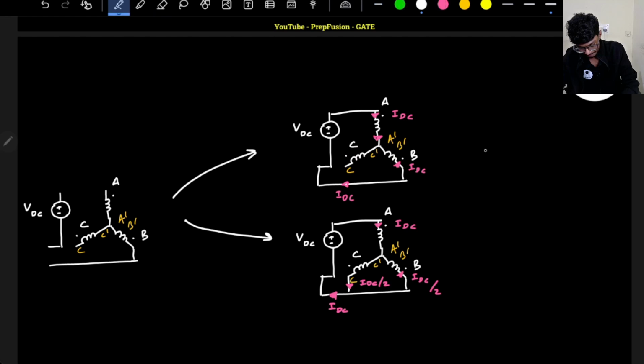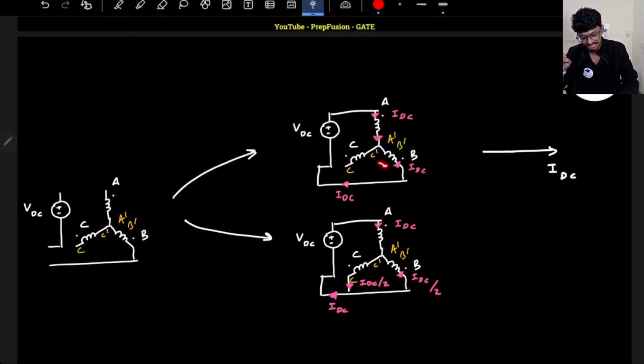So this will be my reference current IDC, which is entering the positive terminal of A. I know that B is space displaced by 120 degrees. If there was a positive current in the B phase, it would have been placed somewhere around here, 120 degrees clockwise.